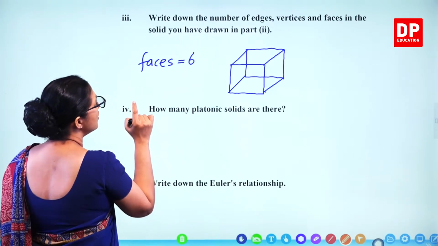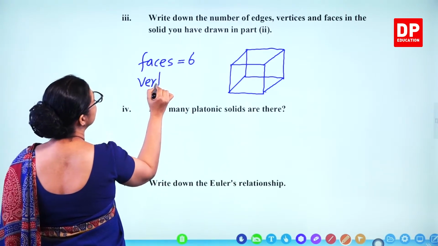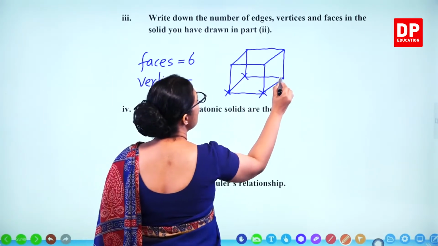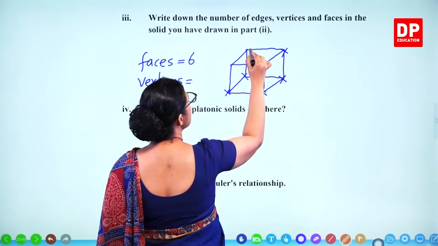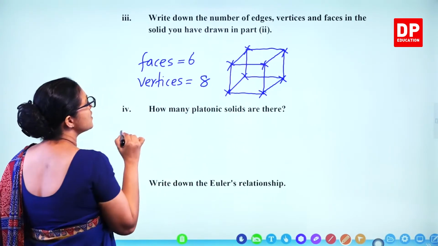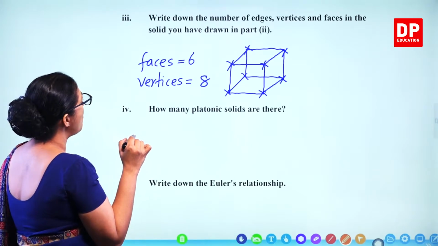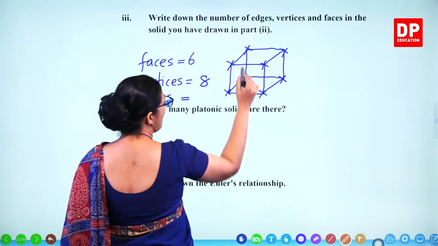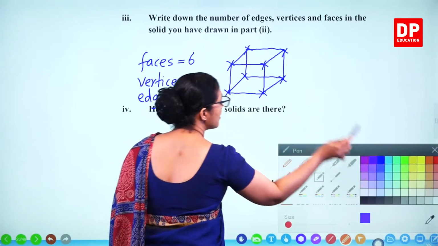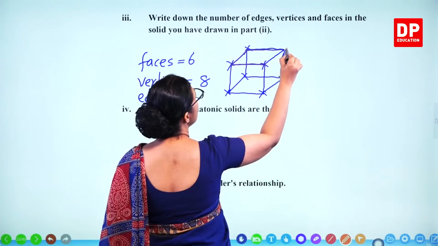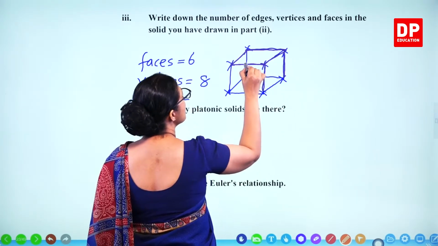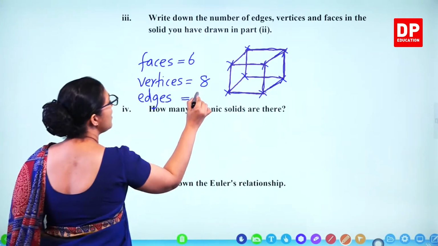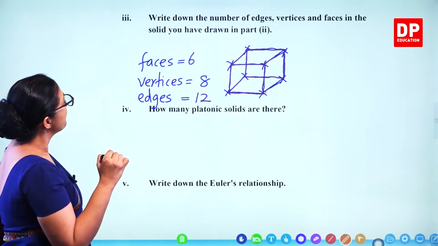Number of vertices: 1, 2, 3, 4, 5, 6, 7, 8. 8 vertices. And then how many edges? We can count 1, 2, 3, 4, 5, 6, 7, 8, 9, 10, 11, 12 edges are there.